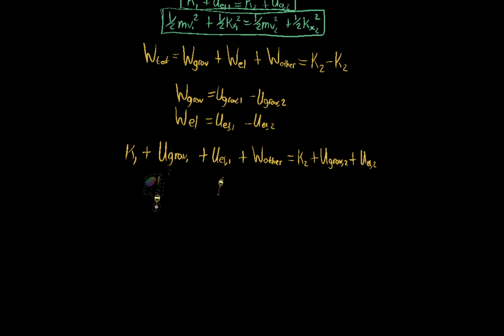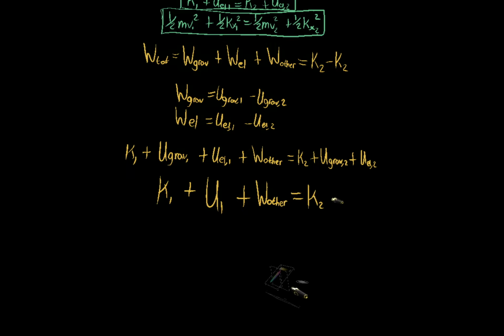And since gravitational potential and elastic potential really fall into the same class of potential, which we denote with a U, what we can do is just say K1 plus U1 plus work other is equal to K2 plus U2, and that's it. So this is the one to box in.